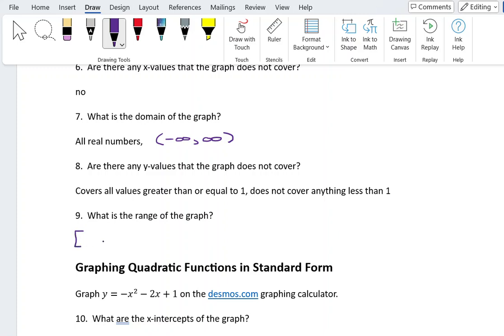You can find the square bracket on your keyboard. We're going from 1 all the way up to infinity. So [1, infinity), with a round bracket around infinity. This is saying everything from 1 up to infinity, including 1, because I have the square bracket around 1. Infinity always uses the round bracket.